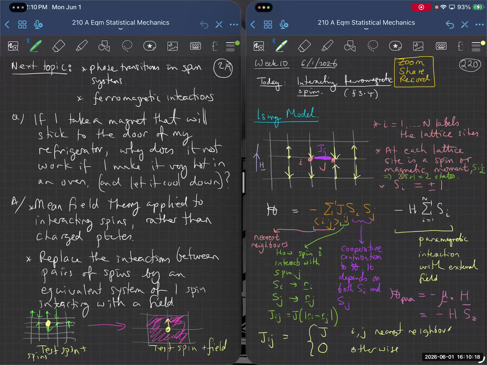That's the form, and this J_ij is sometimes known as the exchange interaction.